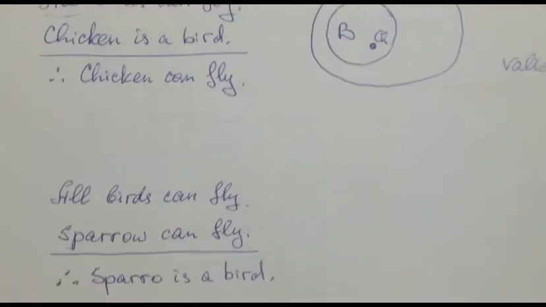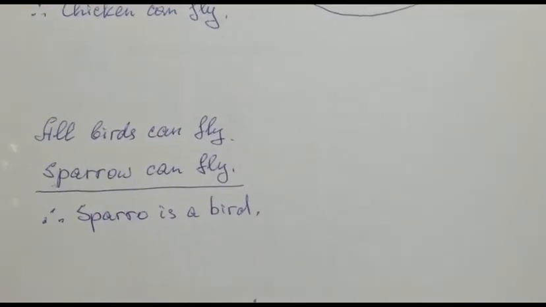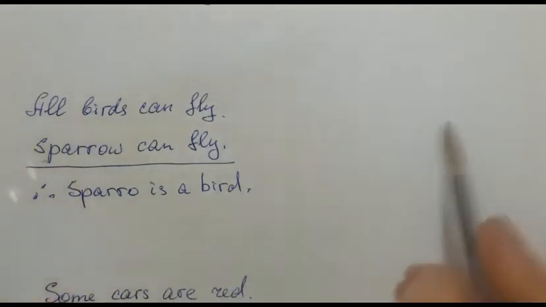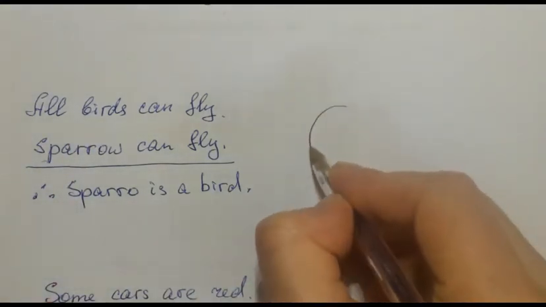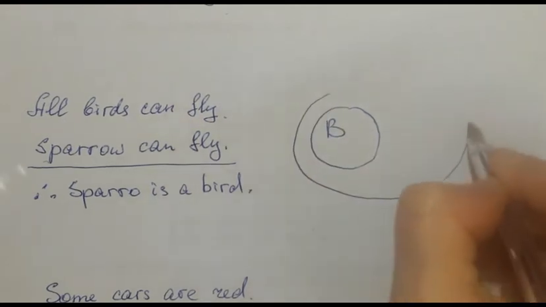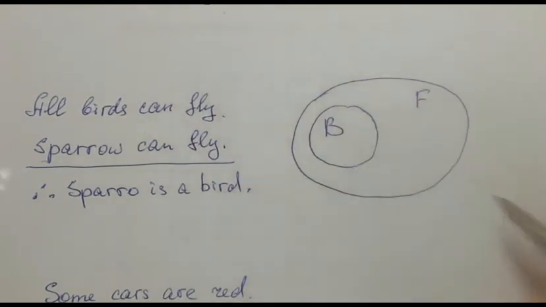Let us consider another argument. It's also a syllogism, since we have the quantifier all here. All birds can fly, so we start with the same picture. All birds are inside flying things. Sparrow can fly. The second premise can be represented in two different ways.